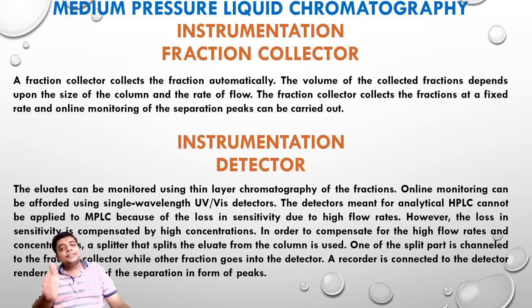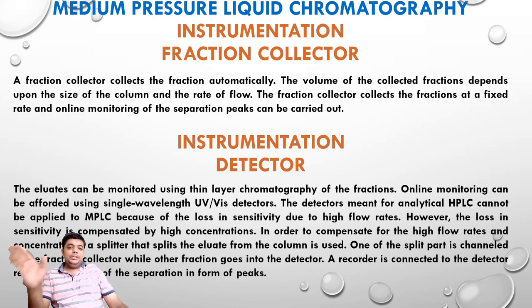Fraction collector is only and only used when you are dealing with preparative chromatography, because these collected fractions have to be used for further research. But if I am doing analytical chromatography, no need, just throw that out as a waste.